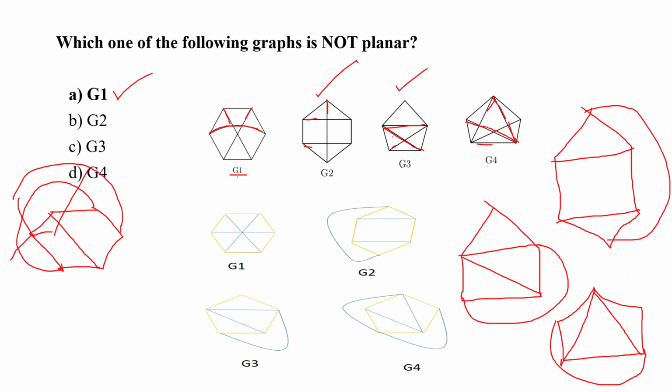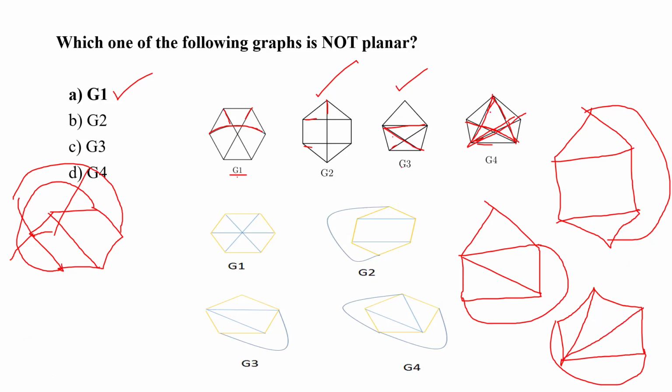Any other terms I have to take. It's not coming as the answer. So first I'll take this one. I'll remove this one. Okay. Now this diagram I will draw. First I'm drawing this diagram, and this and this I'm going to draw inside.